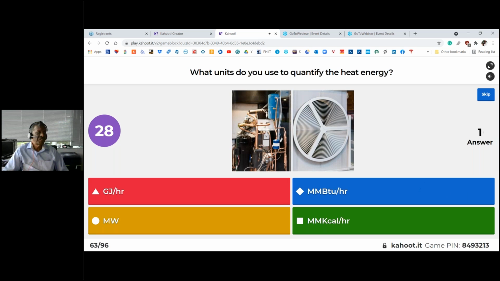So let us see what units you use to quantify the heat energy. Different parts of the world are using different systems.